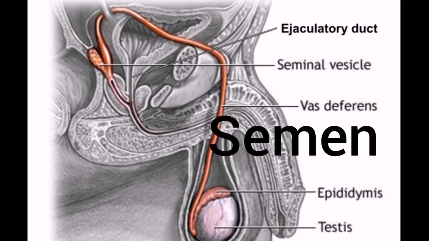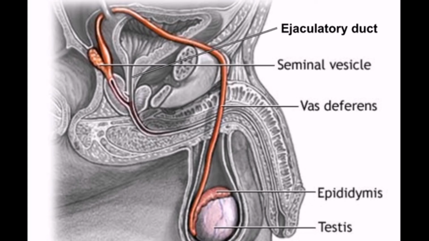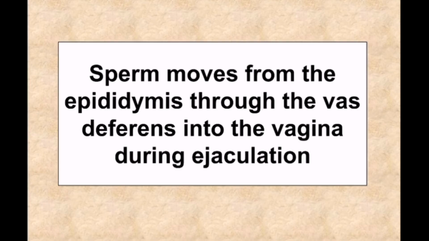Now, the two other glands that you can see here, called the prostate gland and Cowper's gland, will also add liquids. So sperm moves from the epididymis through the vas deferens into the vagina during ejaculation.